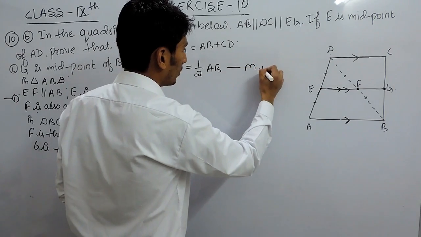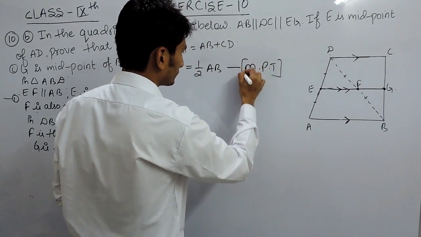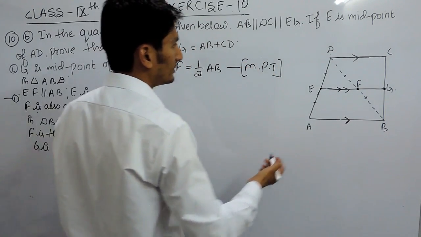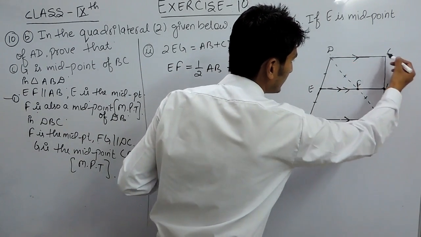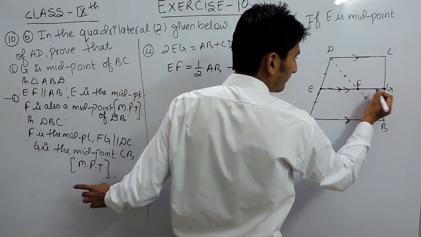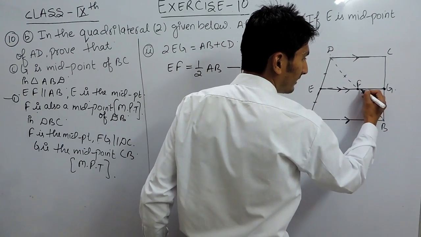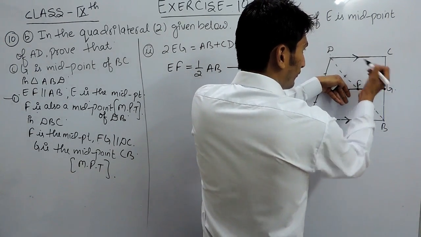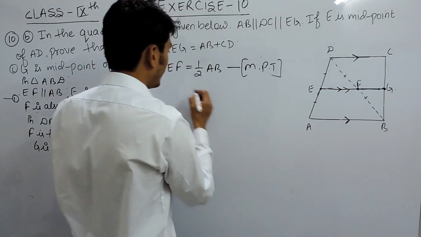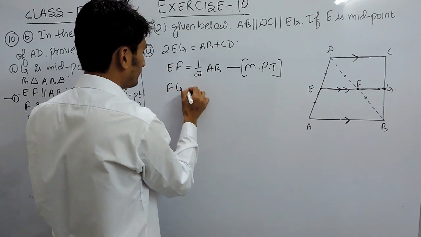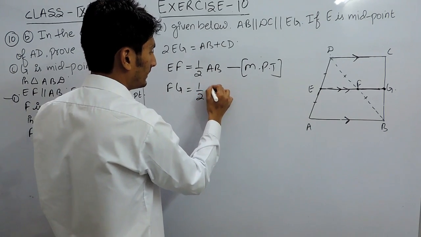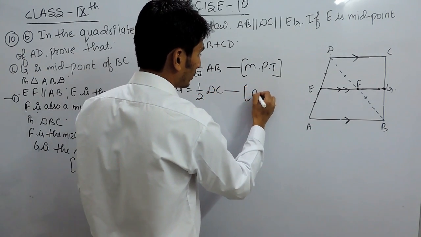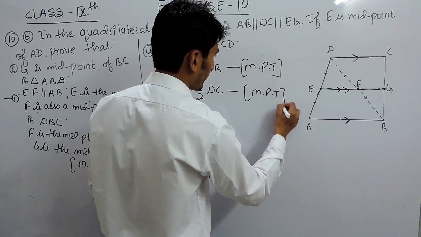This is because of the midpoint theorem. Similarly, in triangle DBC, I have already proved that F and G are the midpoints, and if I join these midpoints, clearly this line must be half of the third line. So again I can write FG equals half of DC. This is again because of the midpoint theorem.